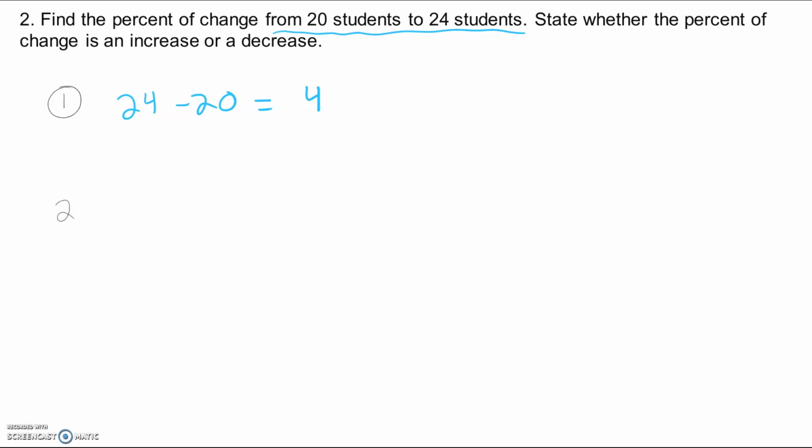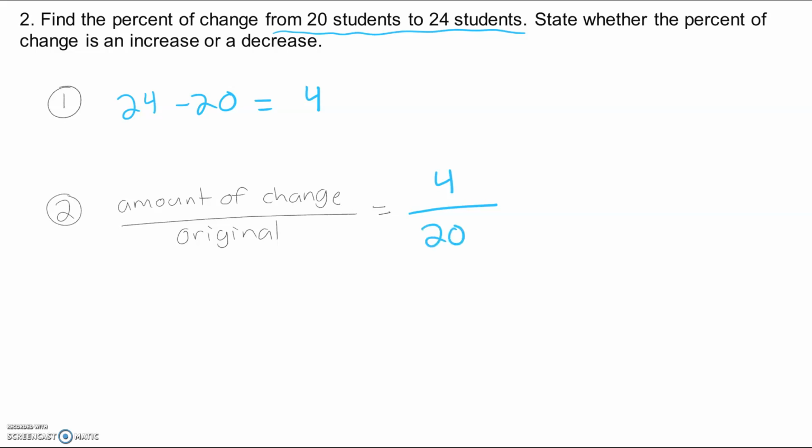And then step 2, we do amount of change over original amount. The amount of change is what we just calculated, over what we started with. We started with 20, and then we just used division. So 4 divided by 20 gives me 0.2.